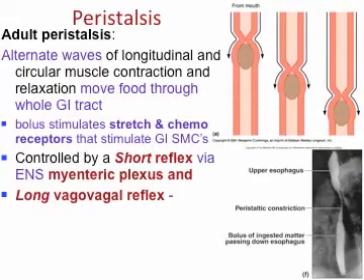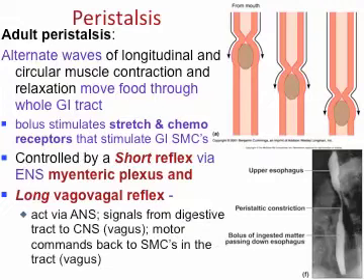Then, like we saw on the previous slide, information on the stretch, chemistry, and osmolarity of the tube will be sent neuronally to the central nervous system. That's the long vagal reflex, and they call it that because they use the vagus nerve to send the sensory afferent information about the stretch of the tube, for instance, and the vagus also sends out the motor efferent information to tell the smooth muscle cells to relax or contract, and tell the glands to secrete or not secrete.